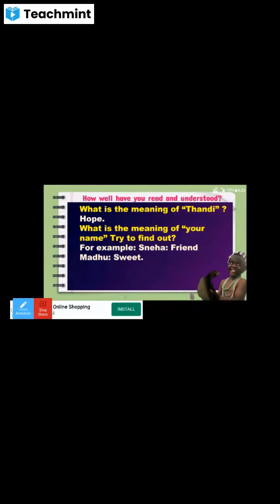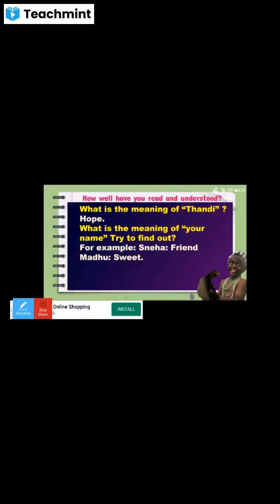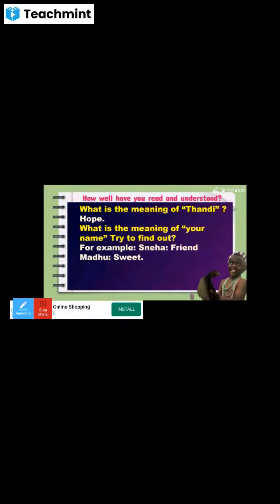Madhu means sweet. The name Madhu means sweet. If you have Vijay, it means success. Vijay means success. You can find out your name's meaning. So try to find out the meaning of your name.